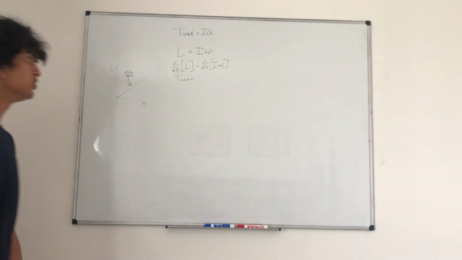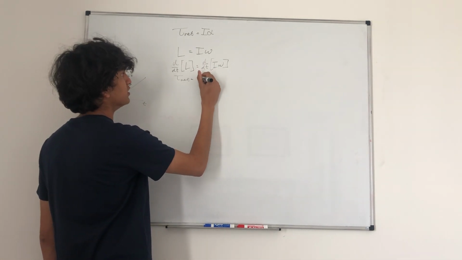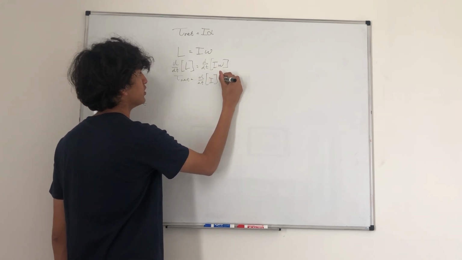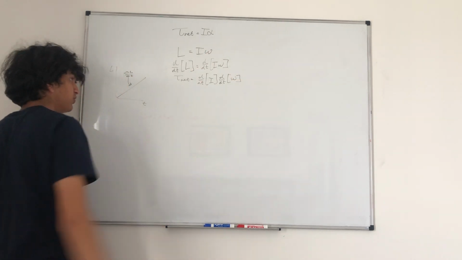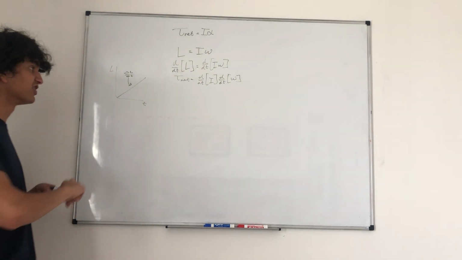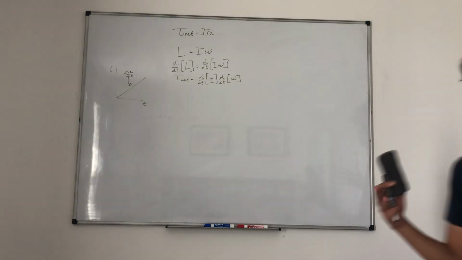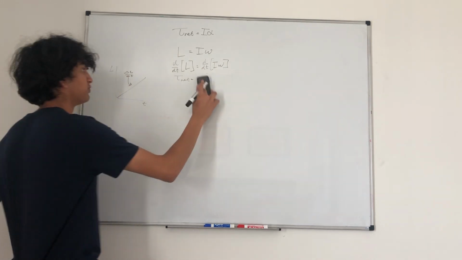You might be thinking, well, I can just do d over dt of I times d over dt of omega, because we're multiplying these two things. But when you're multiplying two functions and trying to differentiate them, you've got to use the calculus product rule.